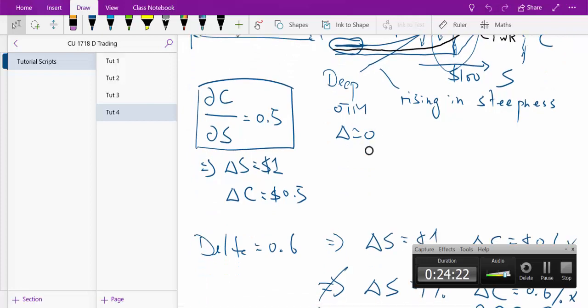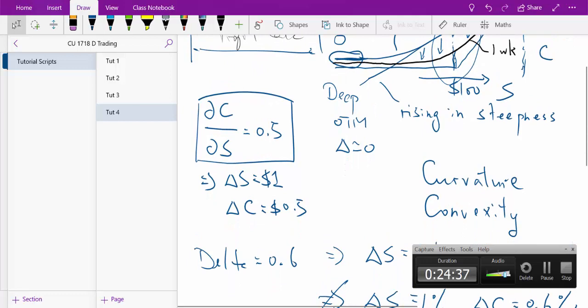If you look at the curvature, or another word for that is convexity, although that has a kind of fixed income or derivative flavor to it. Convexity is, in fact, another word for gamma. Okay.